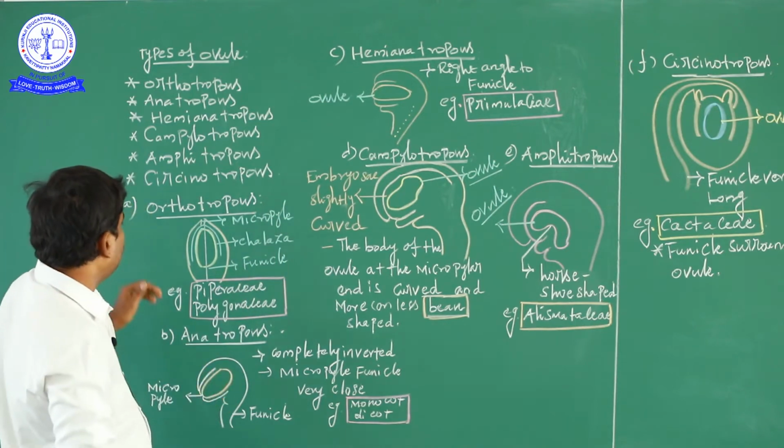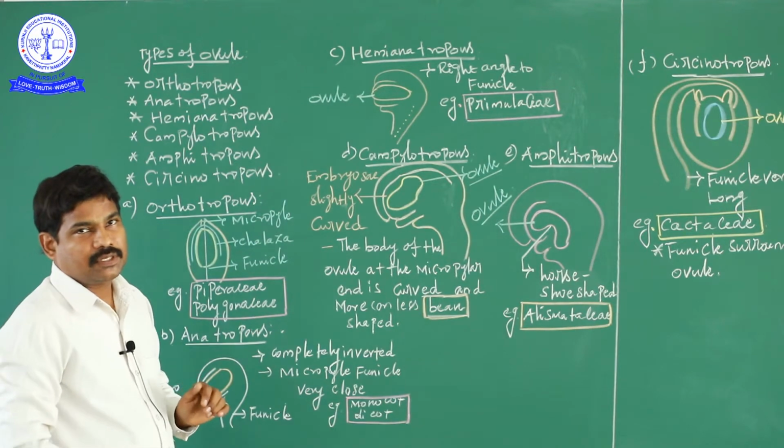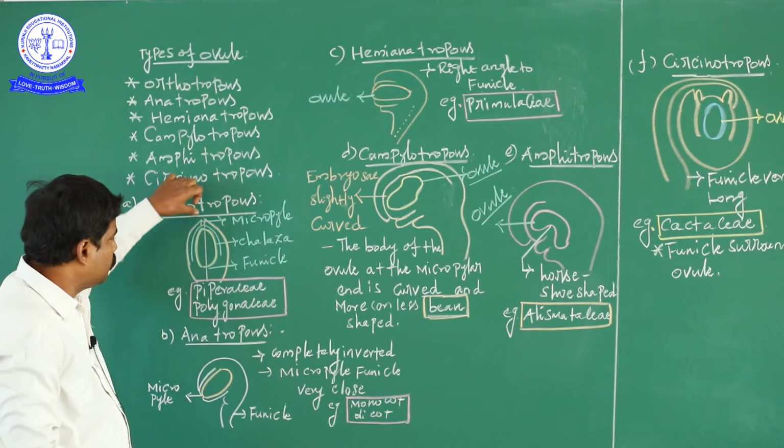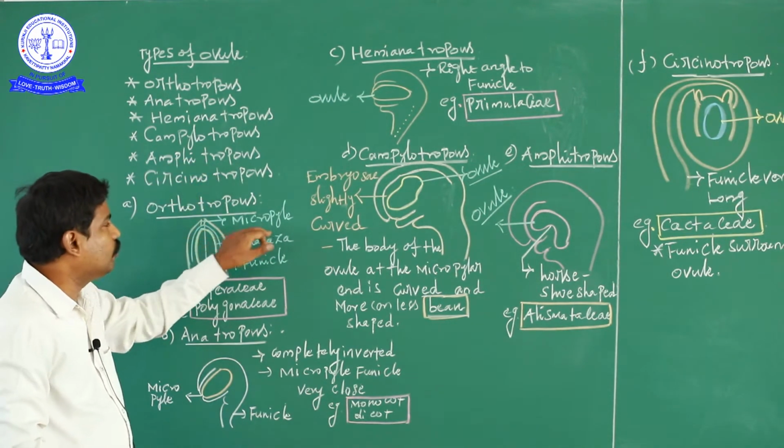First, we will look at the orthotropous ovule. At the top, the smallest opening is called the micropyle region.